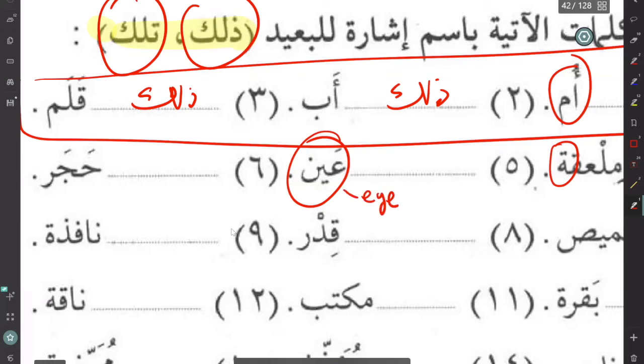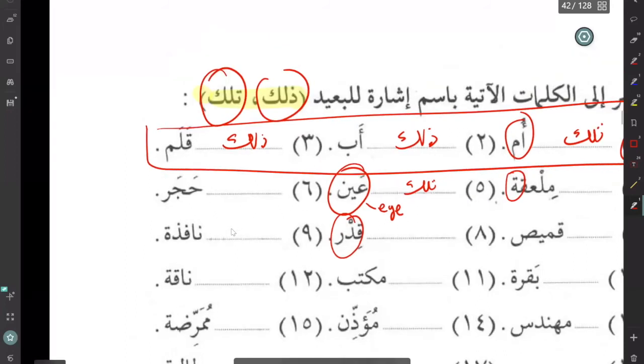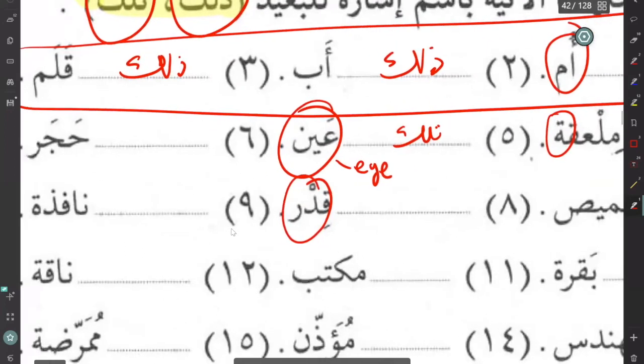When we have body parts in pair, then we use feminine. Okay, this is good. And this one, last time I checked, they used as a feminine. I didn't know this one, honestly. I think this is one of the exception cases. You will find a lot of exceptions, but I didn't know that qidr was one of them.